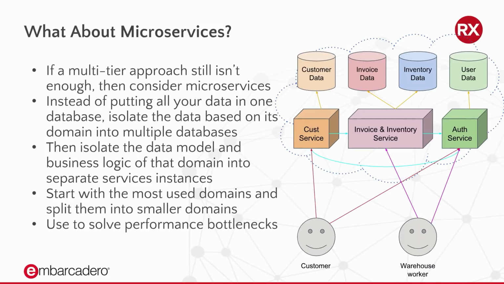And again, where your performance bottlenecks are, right? Where do you need to scale? Where do you need to break things apart for the performance to be better? You're going to start with those bottlenecks and break them apart. And generally, that's the rule of thumb. Again, think about the overall architecture as well.